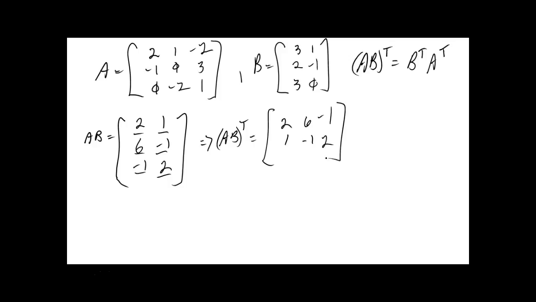Across. Got it. Okay? Now, what we want to do next is multiply B transpose times A transpose. What's B transpose? Is what? 3, 2, 3, 1. Okay, that's B transpose. What's A transpose?